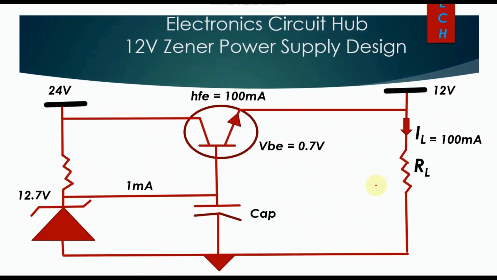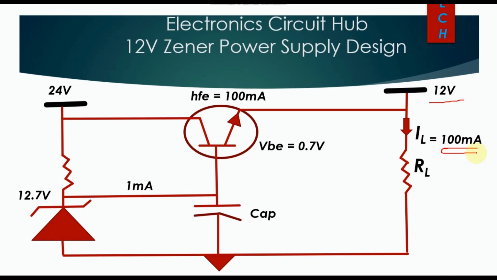The limitation of this power supply is that you cannot get more load current. To overcome that problem, let's say you have some more load current requirement, for example you want to drive your load at 12 volt, 100 milliampere. You have to go for another circuit, because if you choose the same way, you will have to choose a higher power rating for your Zener diode.